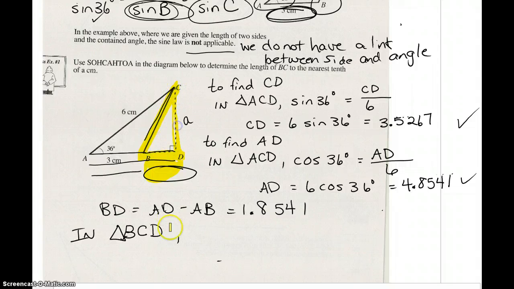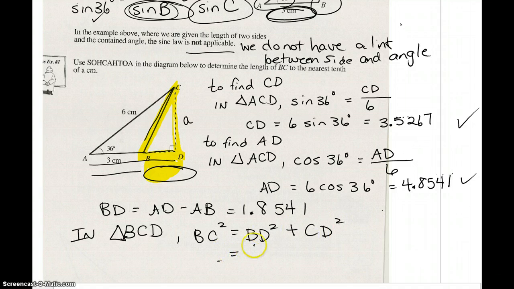We have a 90-degree angle here. We can use Pythagorean theorem to come up with the hypotenuse, which is BC. So BC squared equals BD squared plus CD squared.